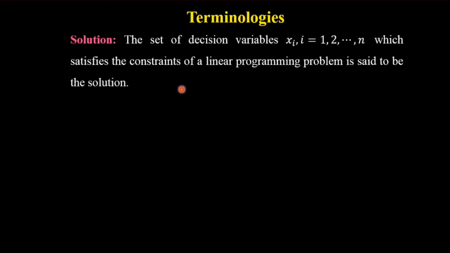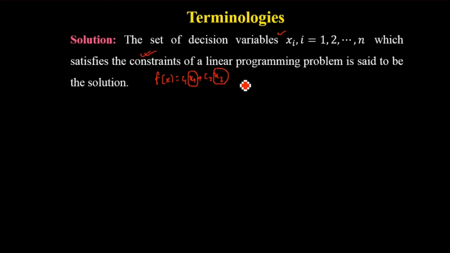If you remember, last class we discussed the objective function, decision variables, and constraints. Now if I have objective function f(x) = c1 x1 + c2 x2, then x1 and x2 are nothing but your decision variables. Now we have two variables, so this combination of x1 x2 will be the solution of the linear programming problem if it satisfies the constraint.